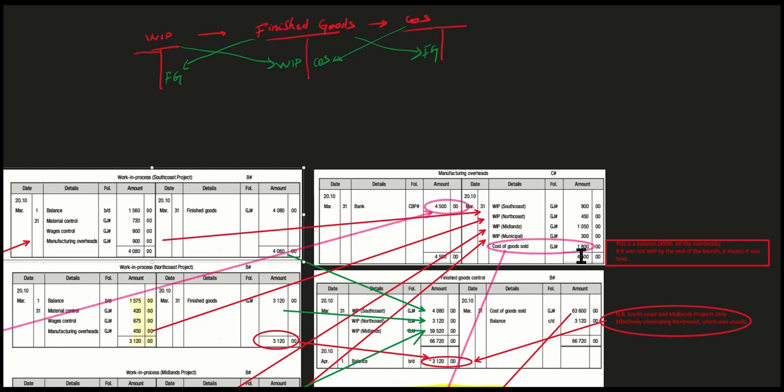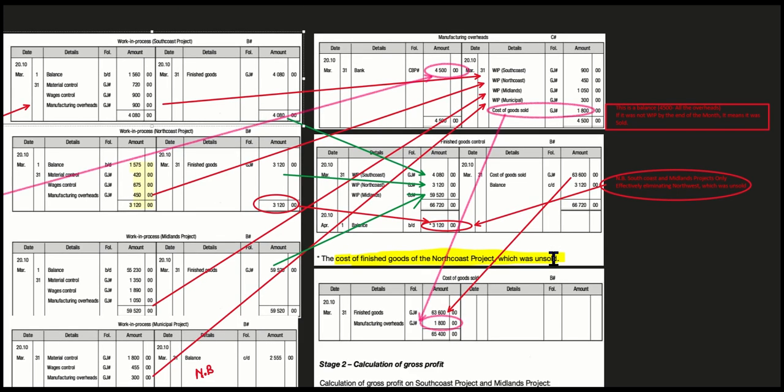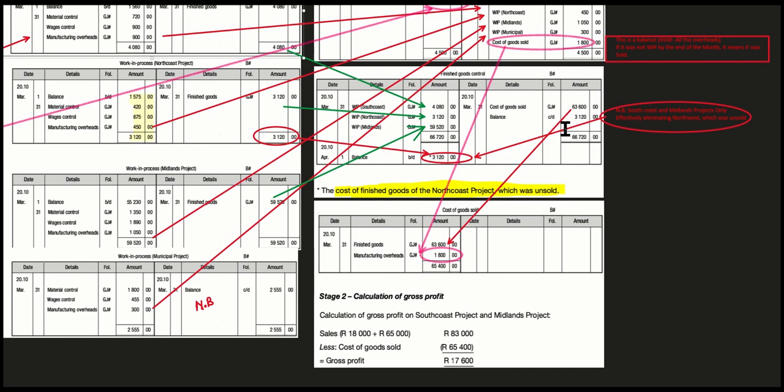Or cost of goods that were sold. So that amount of 1,800 is quite important. It's going to help us into the cost of goods sold.